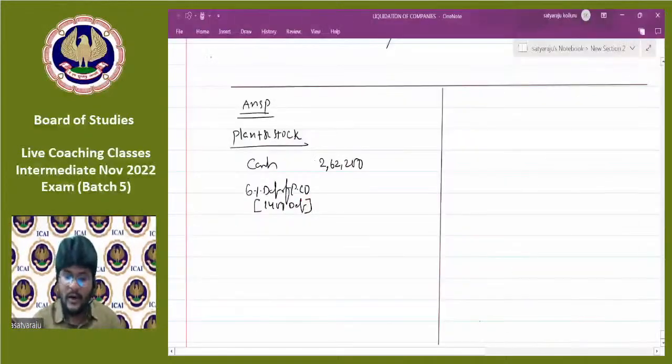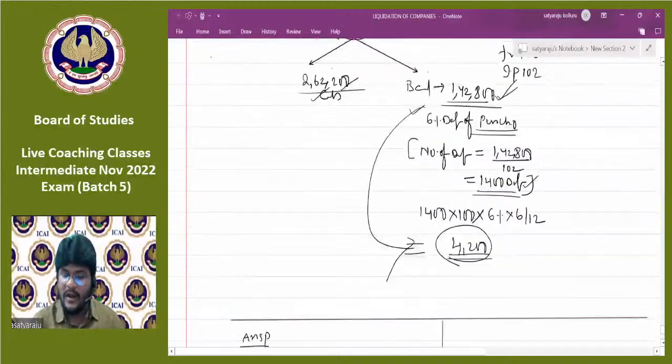How much worth actually did he get, guys? Here we check, the balance was 1,42,800.